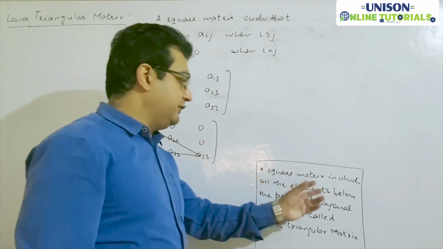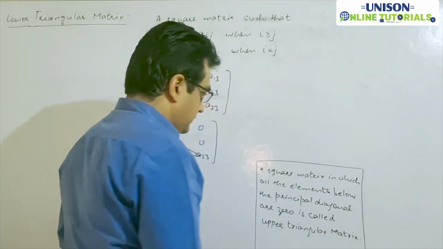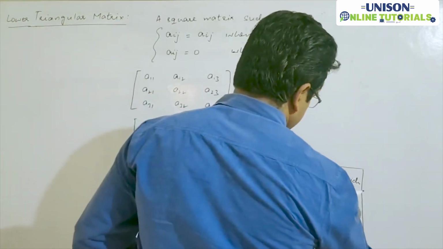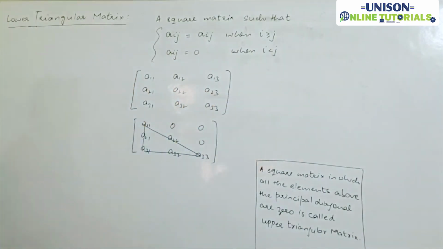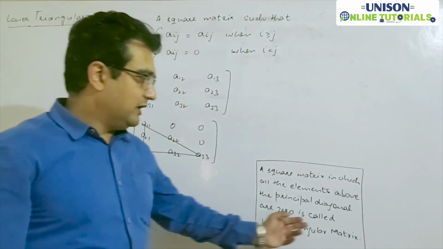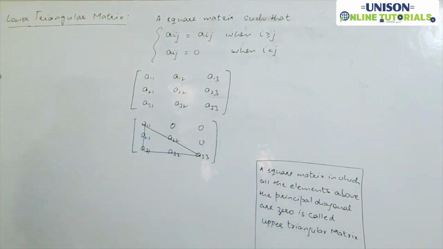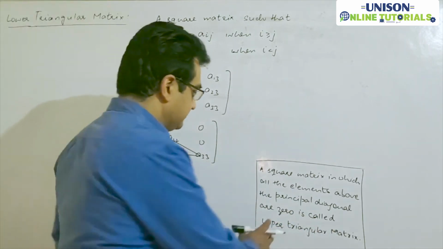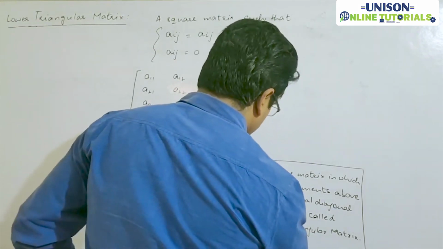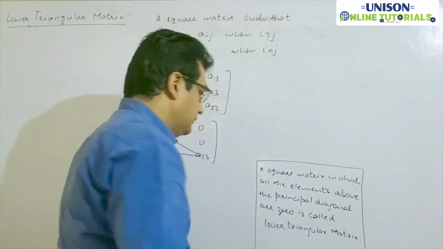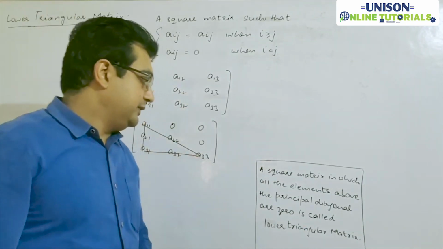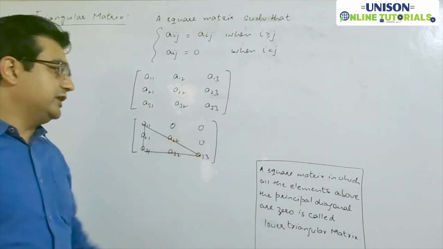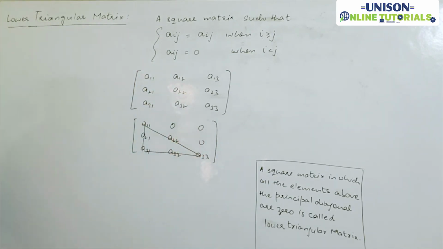A square matrix in which the elements above the principal diagonal are zero is called the lower triangular matrix. तो अगर प्रिंसिपल डायगोनल के ऊपर के एलिमेंट सारे जीरो हो, then it is called the lower triangular matrix.